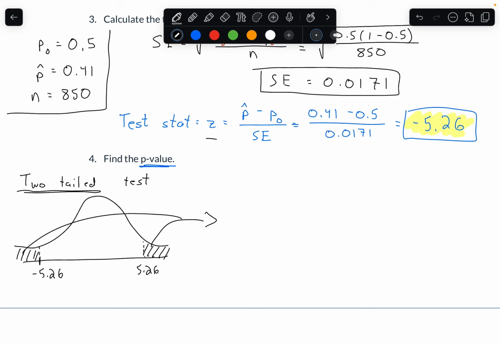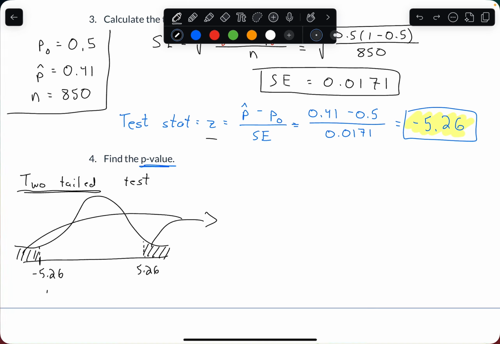So if I was doing just a left tail test, then I wouldn't have to worry about this area over here on the right. If it's just a left tail test, I only find area to the left. If it's a right tail test, I only find area to the right. The two tail test is the only time I have to consider two separate areas.